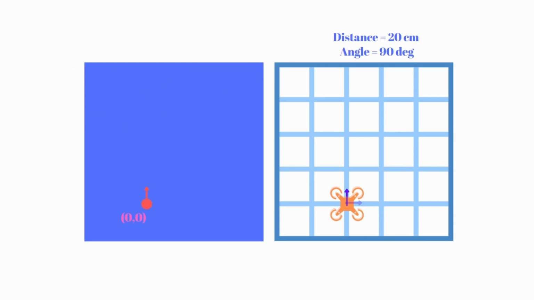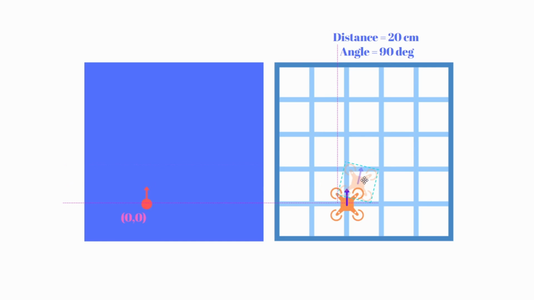So let's look at how we can use this and how we can find our coordinates. Let's say we pressed the forward and the rotation button at the same time. Now the drone starts moving, but this time it will start rotating as well. At the same time it's moving forward, it's turning.